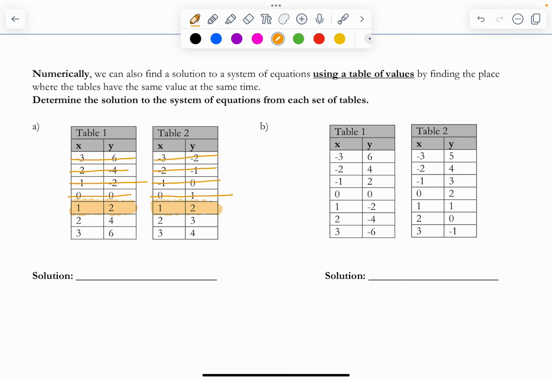So, because they have an x and a y value, I know I can write this as an ordered pair of x is 1, y is 2. That is my answer. And just for the sake of checking, right, 2, 4 doesn't match with 2, 3. 3, 6 doesn't match with 3, 4. That's the only value that exists on both of these tables. So that is my solution.